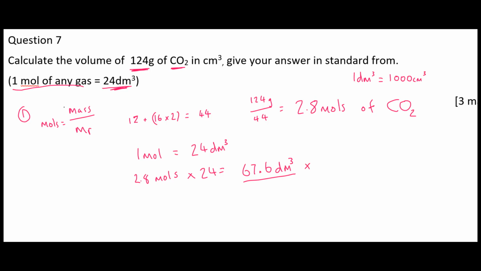So we've got to multiply our answer by 1,000, and that gives us our answer in standard form, that is 6.7636 times 10 to the power 4 centimeters cubed. This would be your answer.